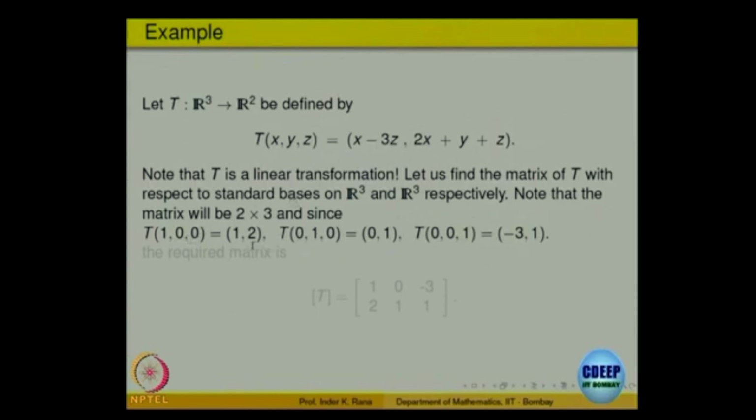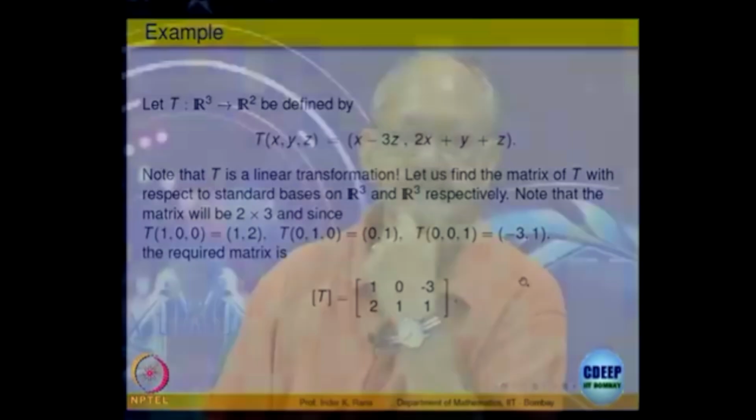Compute also T of 0 1 0. So I got these 3. What are these 3 things? 1 2 is the first column, because it is the image of the first element of the basis. This is the image of the second element of the basis in the domain. This is the third element in the domain, its image is minus 1 3. So that is the matrix.